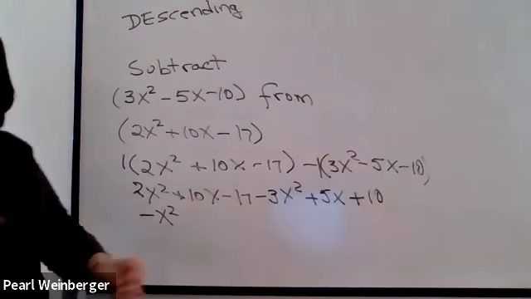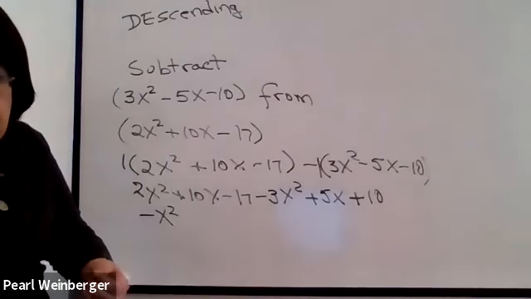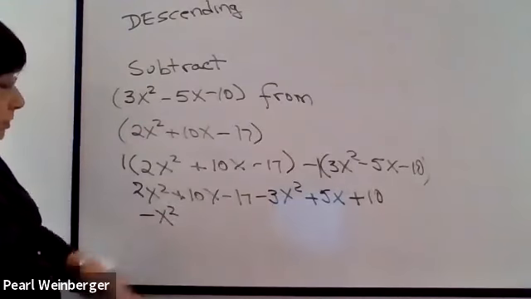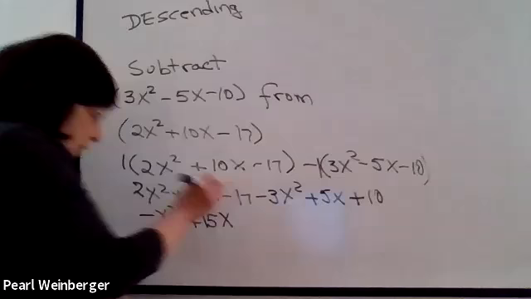And you could have written -1x², but better to write it without the 1 when its coefficient is 1, okay? Then you have the +10 plus +5 equals +15. So we have 15x.